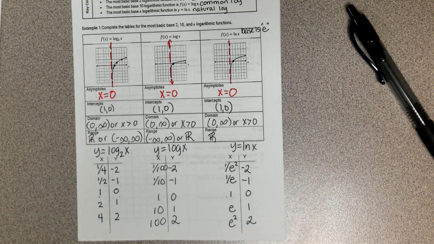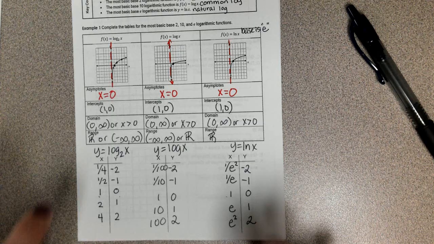Okay, so obviously there can be more, right? We could have log of base 3, log of base 1/2, right? But these are the three that we're going to focus on as far as the graphs.